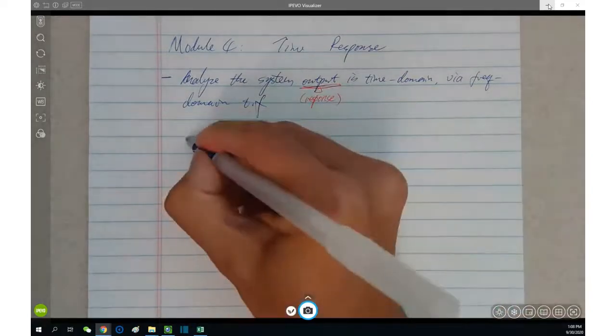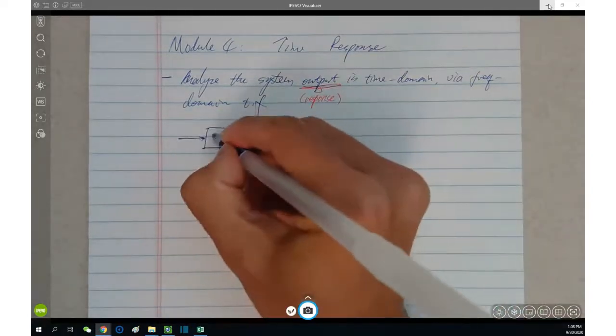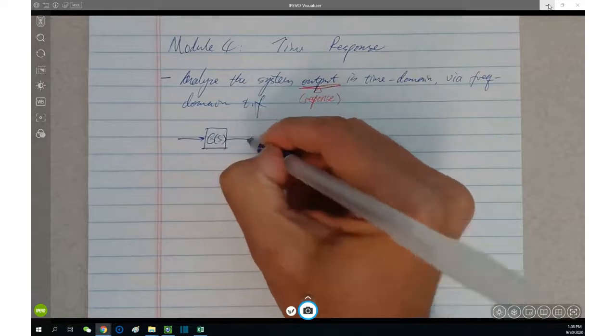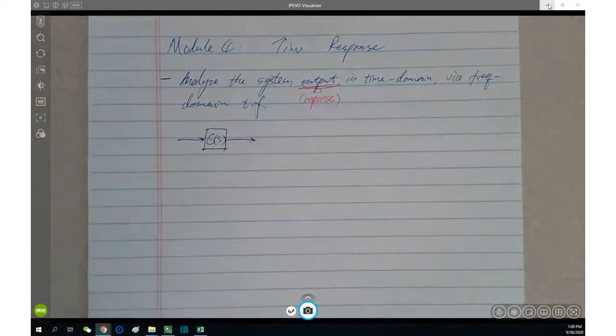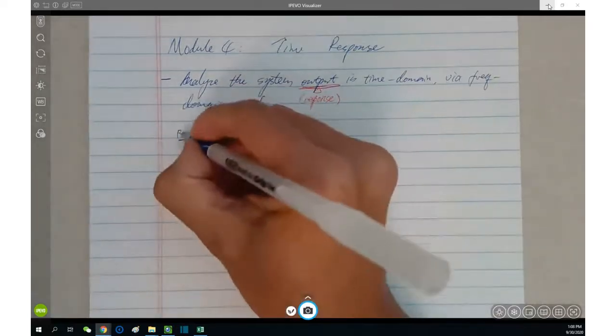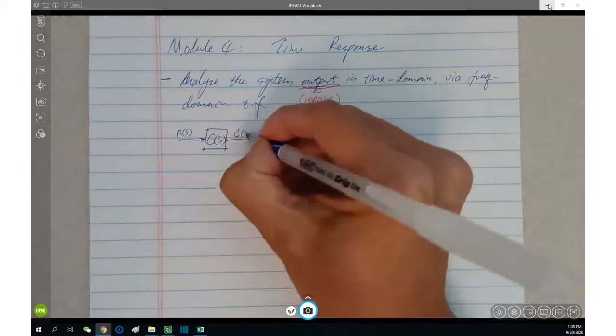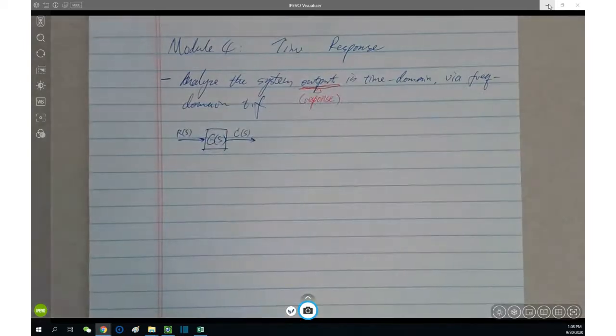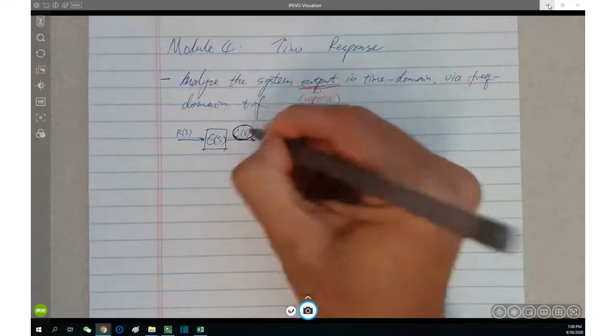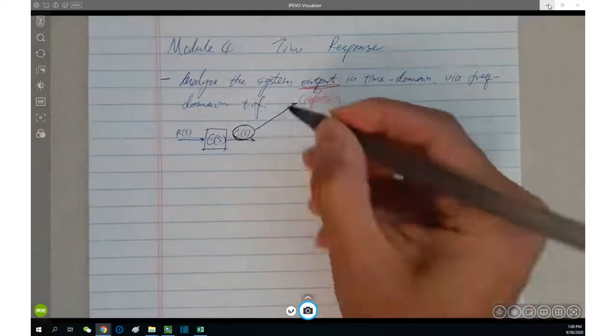And basically, what we are doing is, first of all, a system which has the system transfer function G(s). And of course, we have an input. If you recall, we use R to represent input, C as the output. So this module is obviously studying this guy.